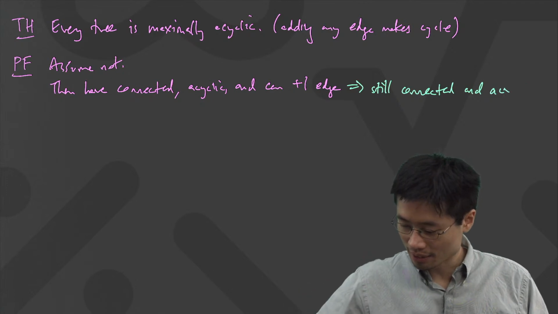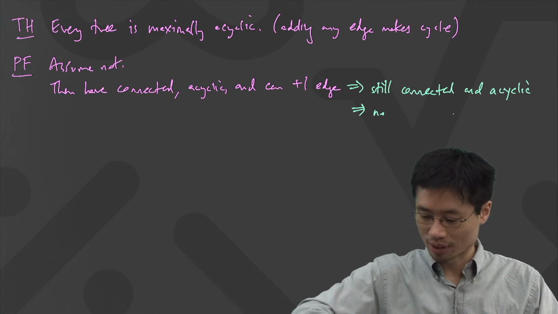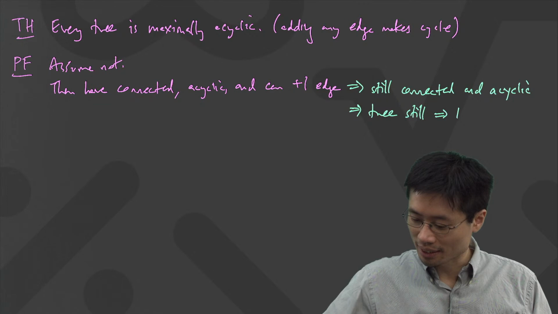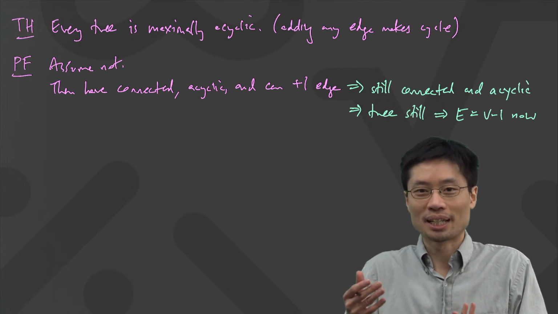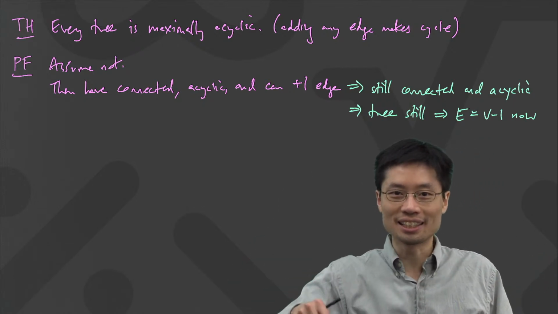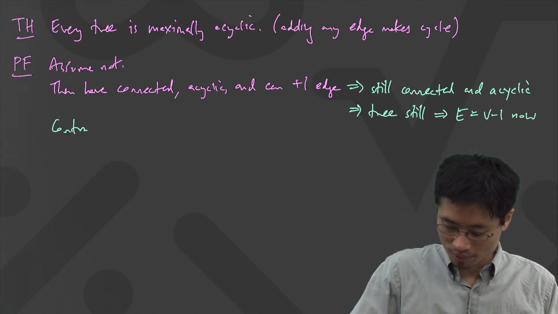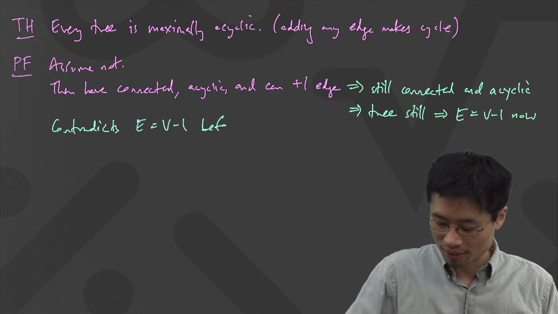It's still acyclic. But that implies that it's now a tree, right? So connected and acyclic implies it's still a tree. And that implies that E equals V minus 1 now. But that's no good because E was V minus 1 before. So you cannot possibly have had E equals V minus 1 before, add an edge, and still have E equals V minus 1. So that contradicts E equals V minus 1 before.